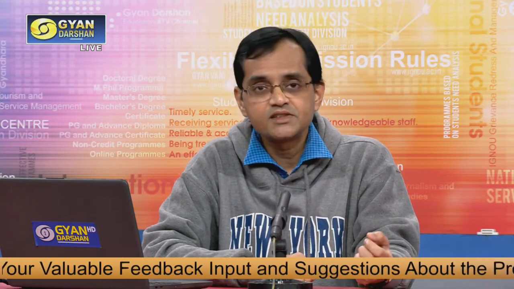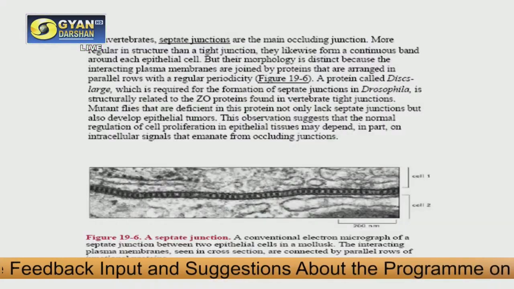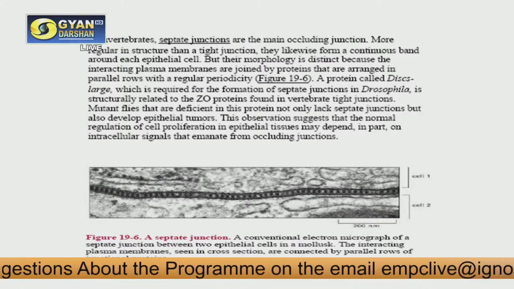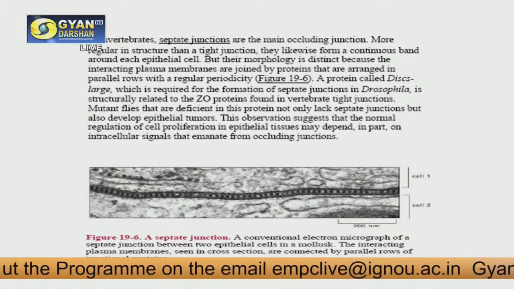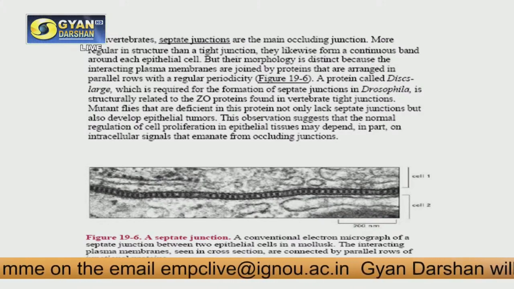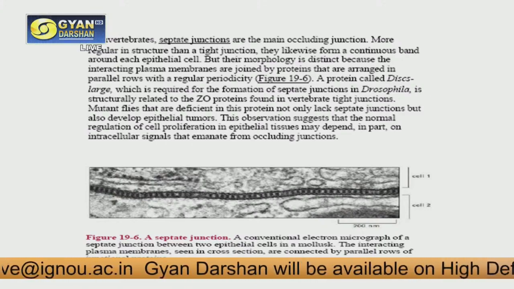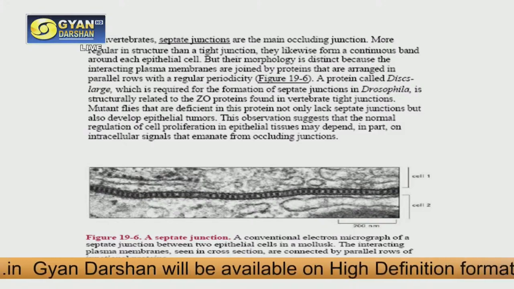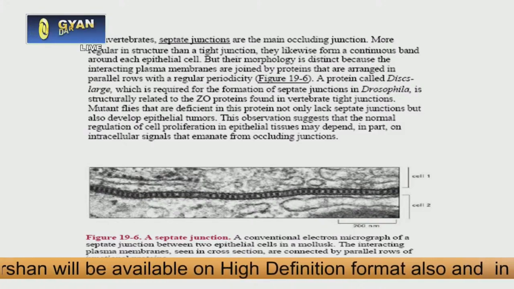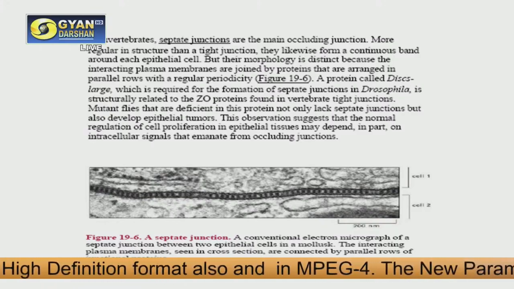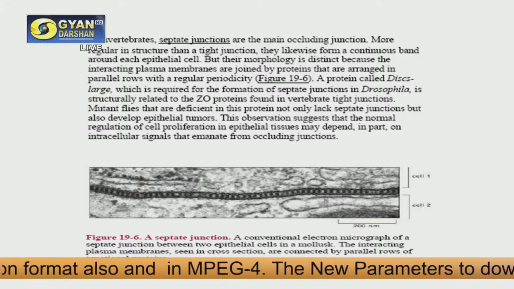Second, these flies develop epithelial tumors. So what does it prove? It proves that this discs large protein not only plays a structural role, but also regulates cell proliferation in the epithelial tissues.